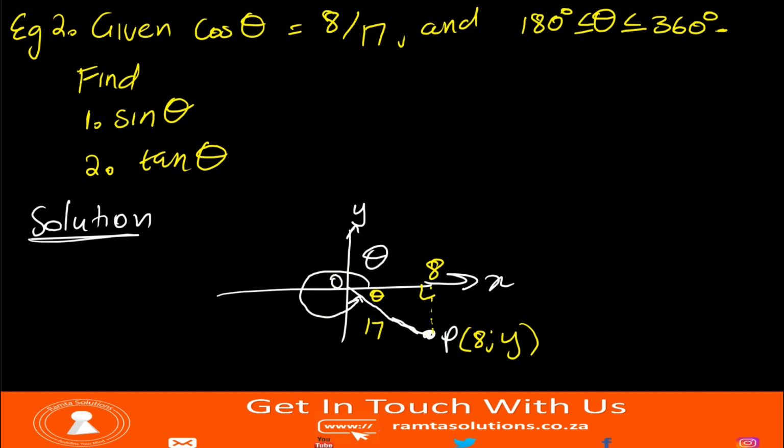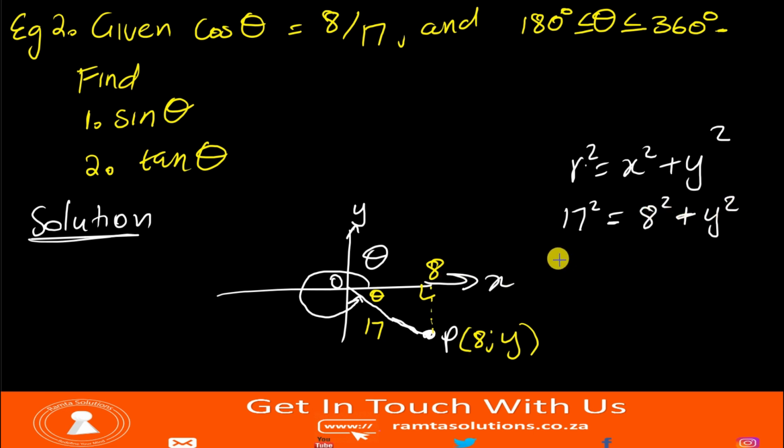Let me say r squared equals x squared plus y squared. I know there are those that prefer it in this way. I like calling it OP, but you can call it r squared, it's okay. This r, or what we call OP, is 17. What is the x? It's positive 8. I do not know what the y is.